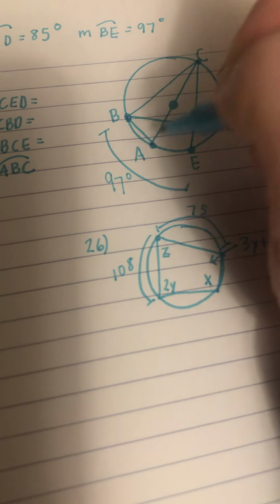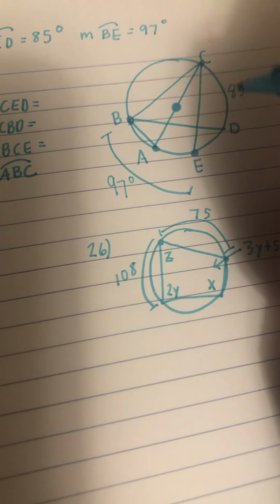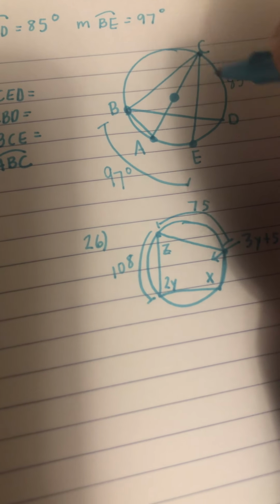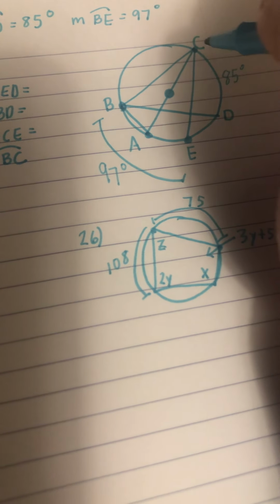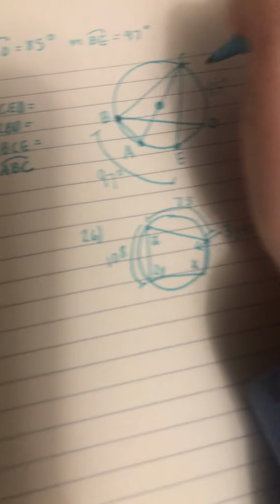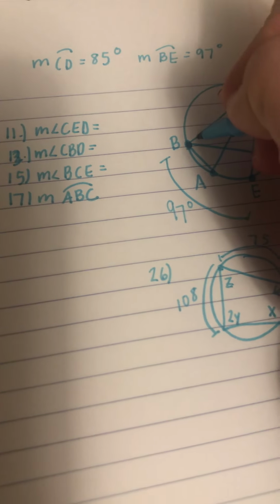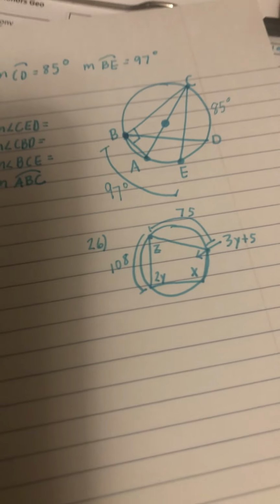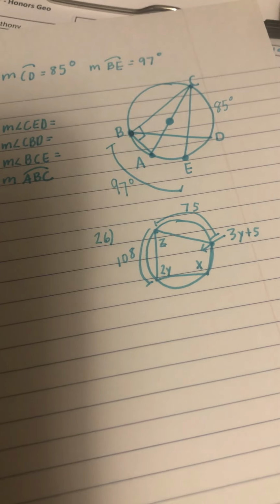This is a diameter, so this is a semicircle, 180 degrees right here. The angle where the vertex is on is half the arc, so that makes this a 90-degree angle. So this first one should be 90 degrees.